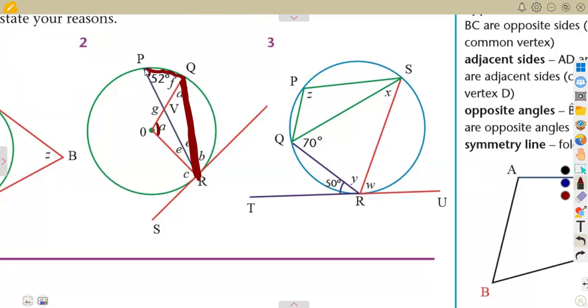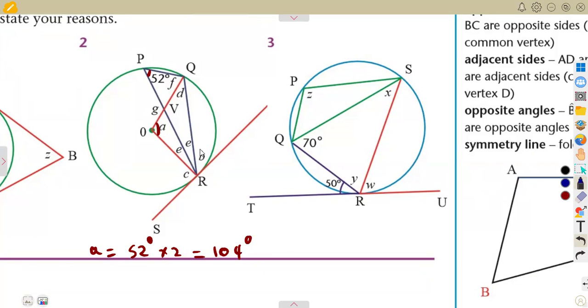It creates the angle at P. It is also creating the angle at the center, O being the center. So the angle at the center is twice the angle at the circumference. So A is going to be 52 degrees times 2, which is 104 degrees.